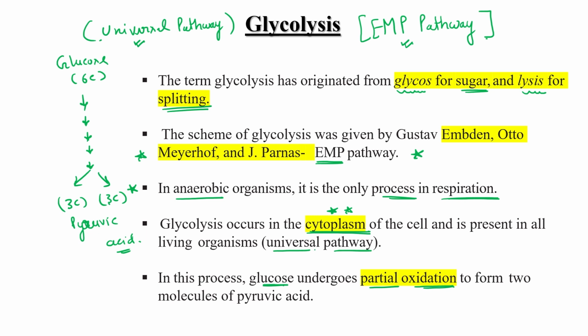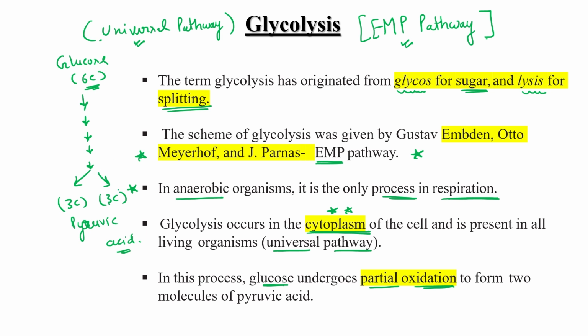So partial oxidation of glucose occurs in glycolysis. We are using the term partial oxidation because one molecule of glucose, a 6-carbon molecule, is converted into two pyruvic acid, each a 3-carbon molecule.